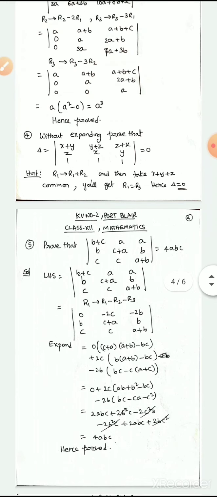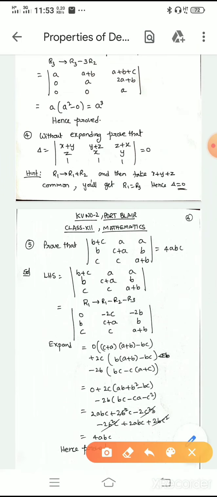Next, the fifth question. Prove that the determinant with rows b plus c, a, b; c plus a, b, c; a plus b, c, a is equal to 4abc. For that, the LHS we have taken as it is, written as in the question. Then apply the operation R1 is equal to R1 minus R2 minus R3.